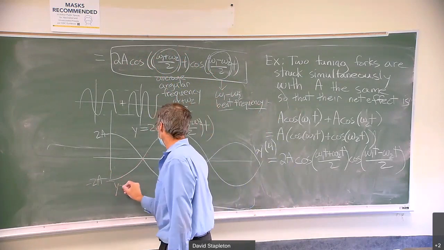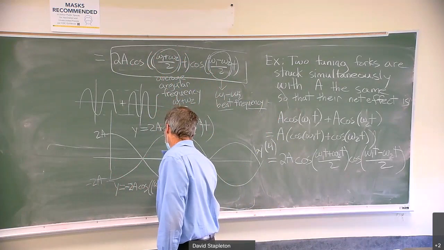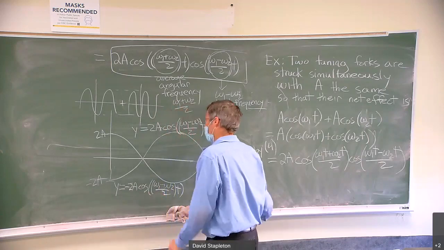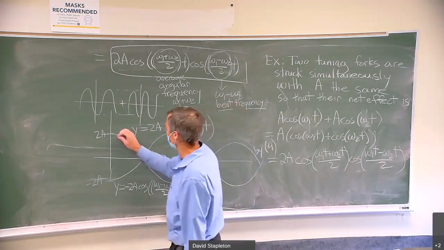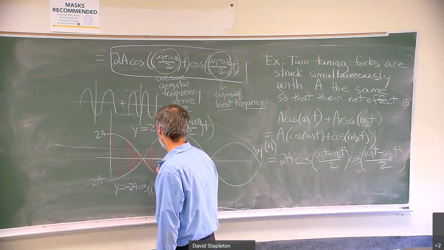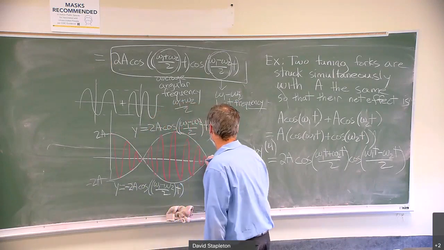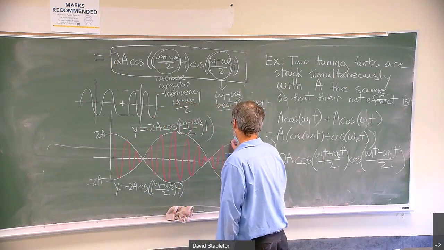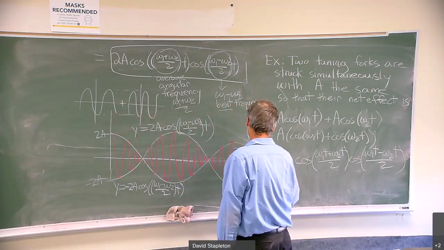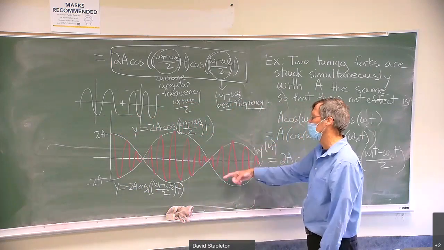So this one is y equals minus 2a cosine of (omega 1 minus omega 2) over 2 t. And multiplying by something that goes real fast between plus and minus 1 makes it go like this. And so this is what you'll see on your oscilloscope, the actual pressure variations in the room. When you strike two of these things that are making pure notes, you don't get a nice single cosine wave. You get something that wiggles up and down between these two curves.